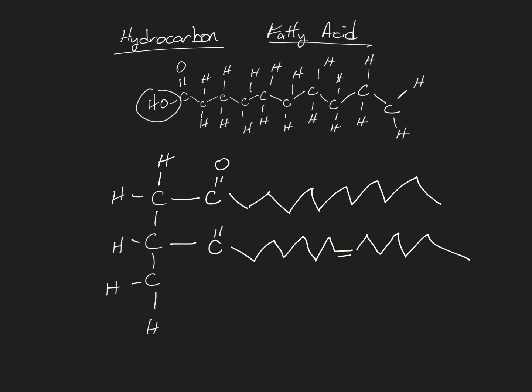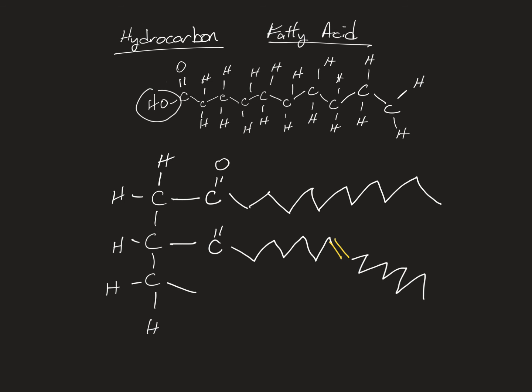Do you see this double bond? That double bond will give it a kink. This is very important, so make sure you get this straight. Sometimes there'll be a double bond, and because there's a double bond, the hydrocarbon will be kinked. It'll have a little turn to it.